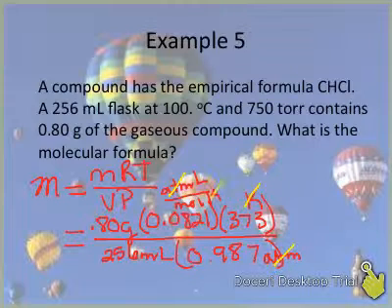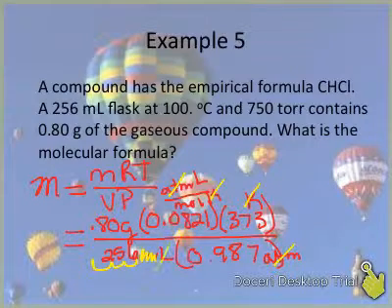This Kelvin cancels out that Kelvin. Crap. Milliliters, liters. But easy fix, right? Move the decimal 1, 2, 3 times. The milliliter goes away. So then that liter cancels out that liter. And we are in grams per mole.